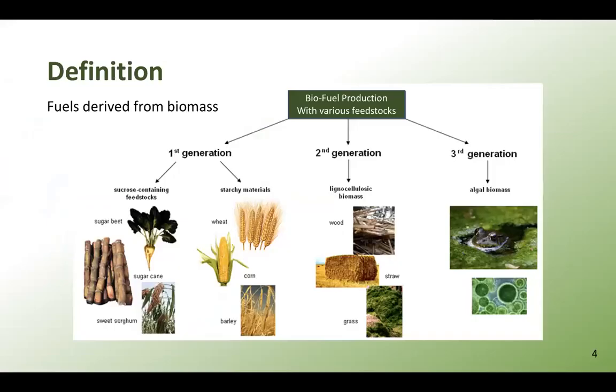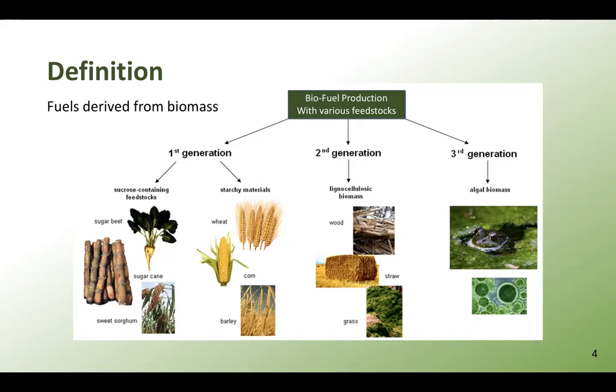Okay, so now just a brief definition of what liquid biofuels are. Essentially they are fuels that are derived from biomass, and they can be categorized into three groups: the first generation biofuels, the second generation biofuels, and the third generation liquid biofuels. What differs between them is basically the source of feedstock. The first generation biofuels' feedstocks are mainly sucrose-containing or starchy materials, and some examples are shown in the figure here.